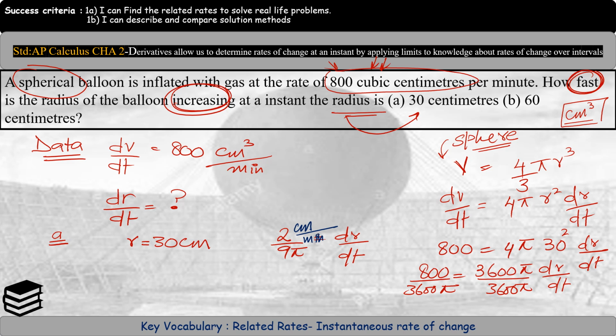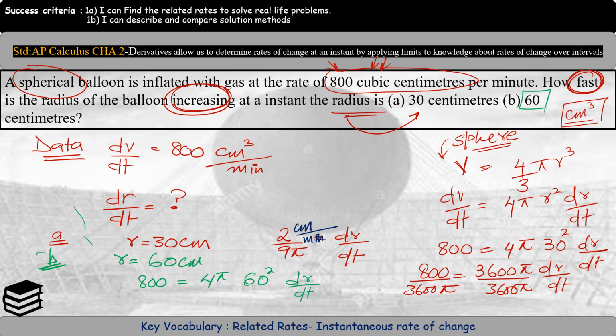Now in the second part, they say solve the same thing by taking r as 60. So in the B part, you have to take r equals 60 centimeter and solve the question again. So if I write here, you have 800, the rate of change of volume, equals 4 pi, and the radius is 60 squared, and then dr by dt.